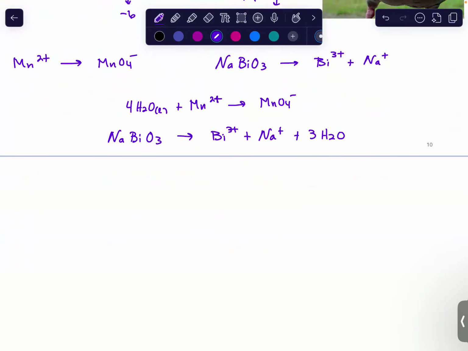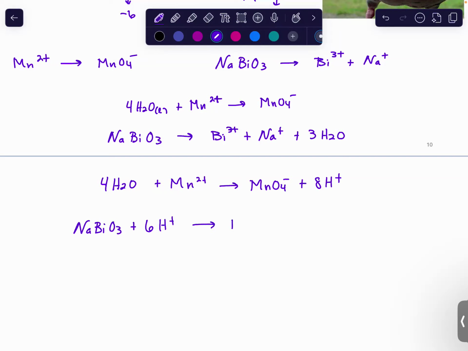For your manganese equation, what am I going to do? Because that will take care of it, that's 8 hydrogens on each side. So for the bismuth equation, I'm going to need 6 hydrogens or 6 protons on the left.